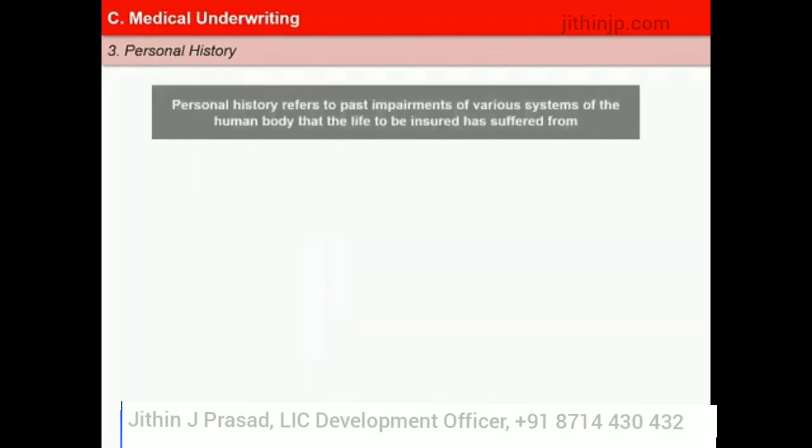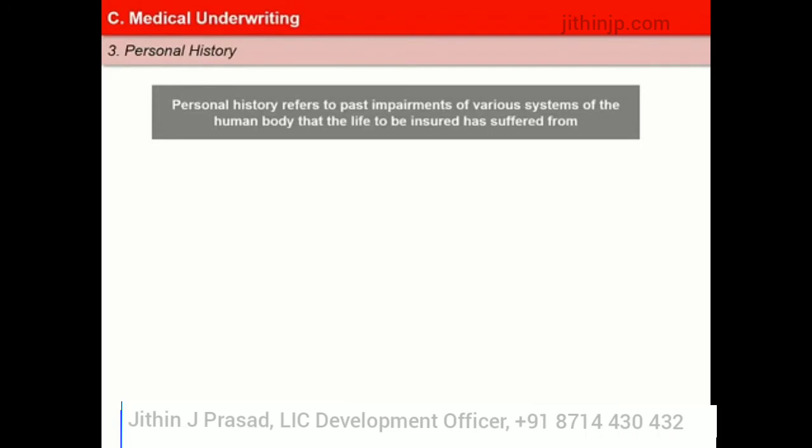Personal history refers to past impairments of various systems of the human body which the life to be insured has suffered from. The proposal form for a life insurance typically contains a set of questions which inquire whether the life to be insured has been under treatment for any of the killer diseases or not.